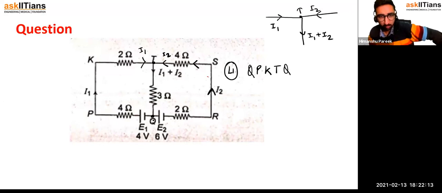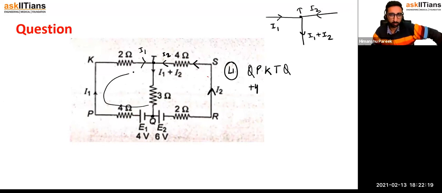When you start from Q, first of all, battery plus 4. This way I'm going clockwise. After the battery, we have taken the current as I1, so minus 4I1 across it, along the direction of current.